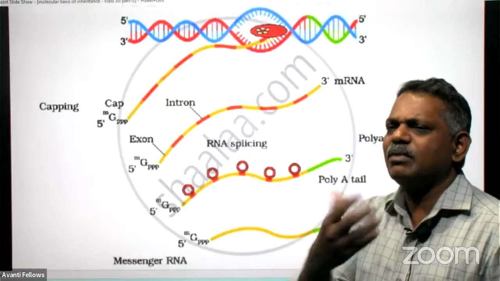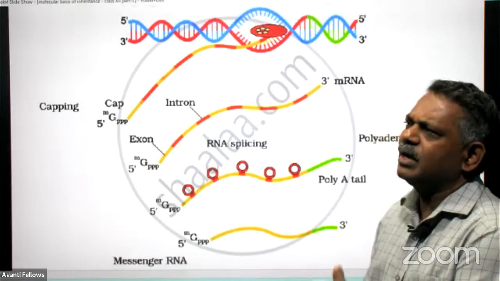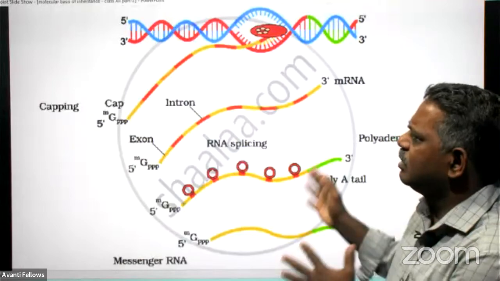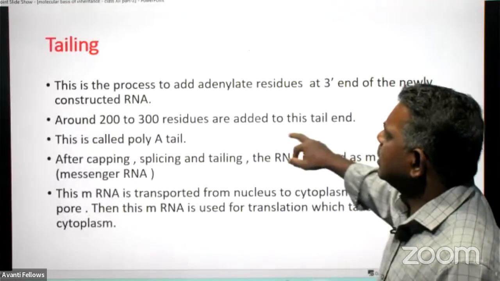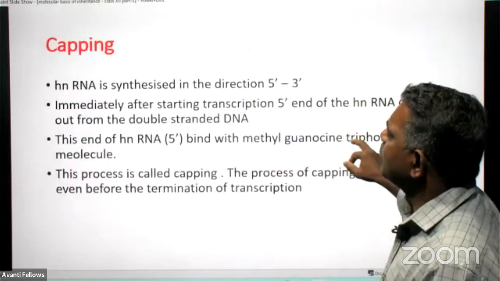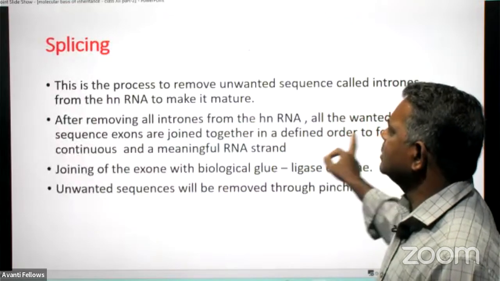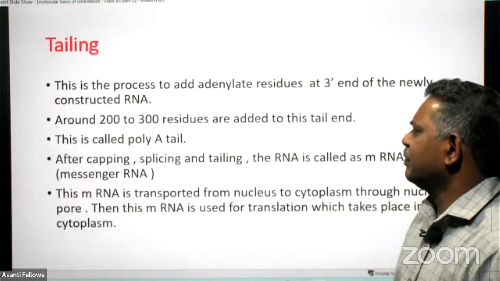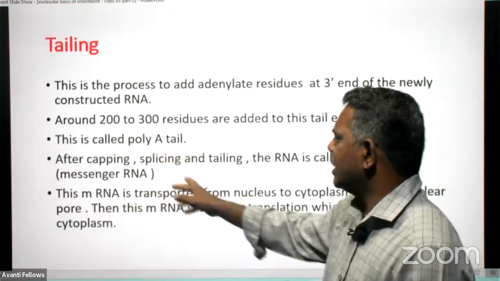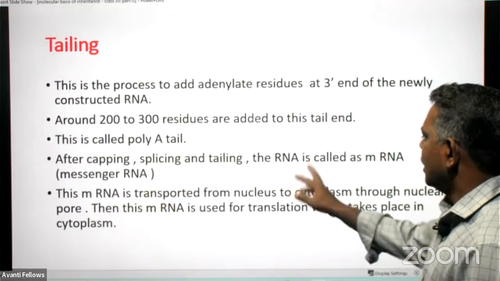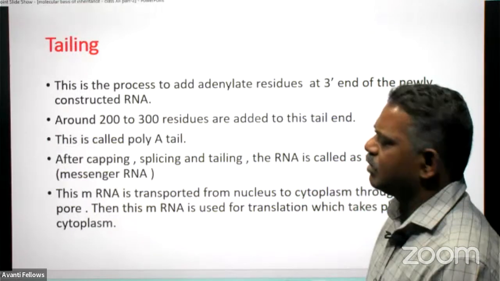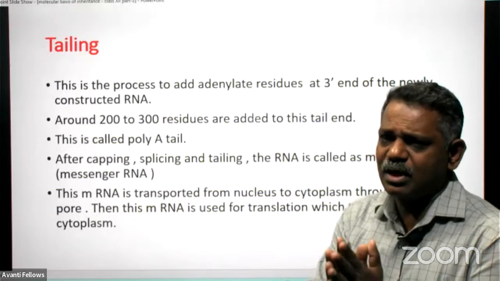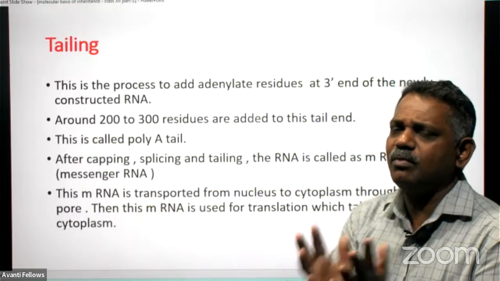There are so many types of proteins present in our body, and we prepare all of them through the same mechanism. So these are the three processes: capping, splicing, and tailing. After capping, splicing, and tailing, the RNA is called the mRNA, messenger RNA, because it gives the message for construction of a new meaningful protein.